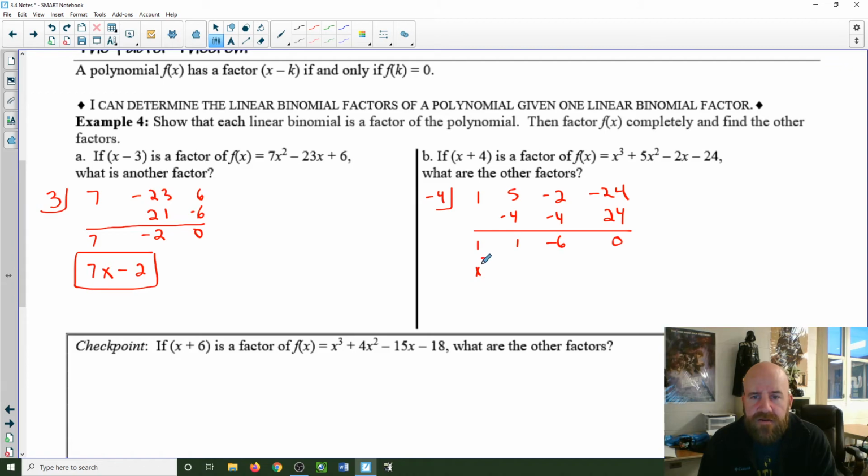So x squared plus x minus 6. So we get that polynomial from our division. And now we see if we can factor this, which we can. So factors of negative 6 that add up to 1. So it should be a positive 3 and a negative 2. So those would be the two other factors of that polynomial.